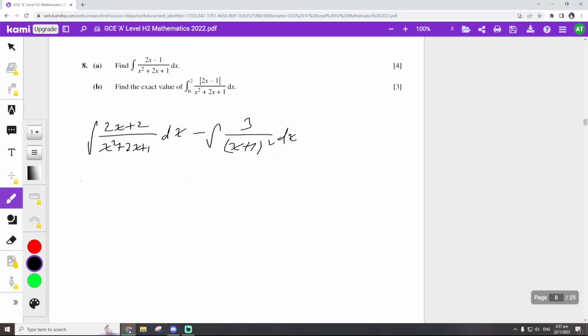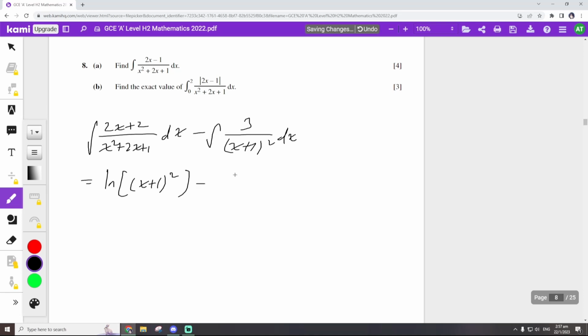Okay, and if I do this, I'll get ln of x plus 1 squared. I'll explain this later. There's no need for modulus, because of course it is always positive.